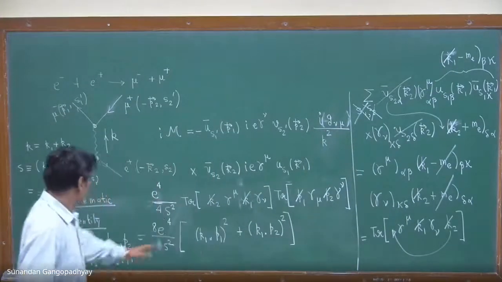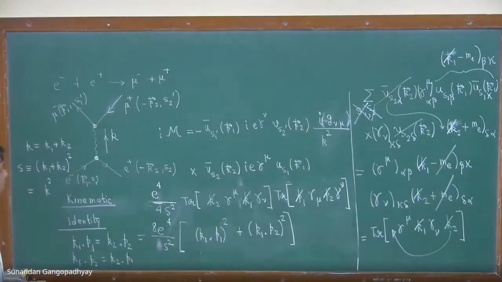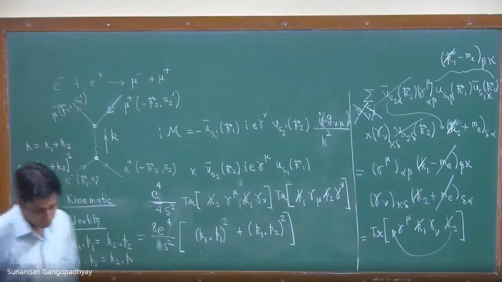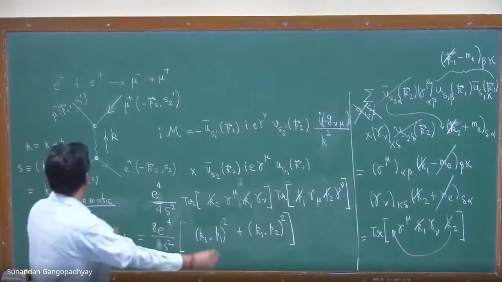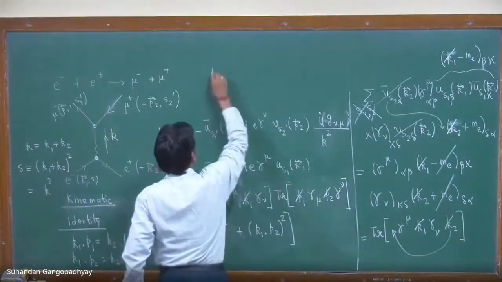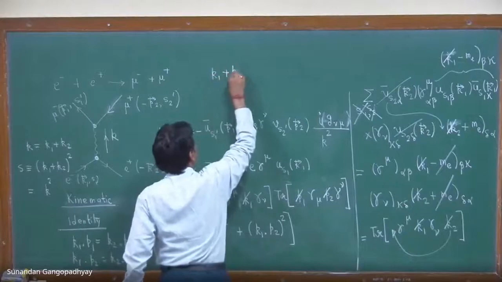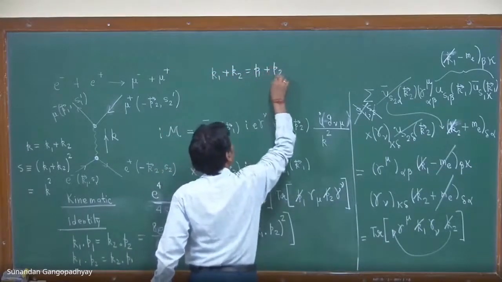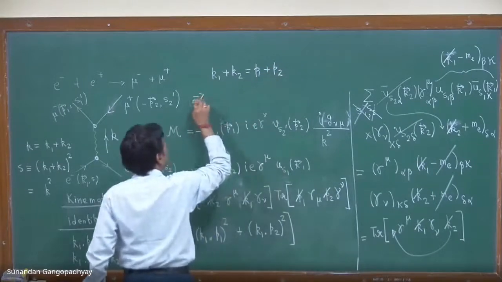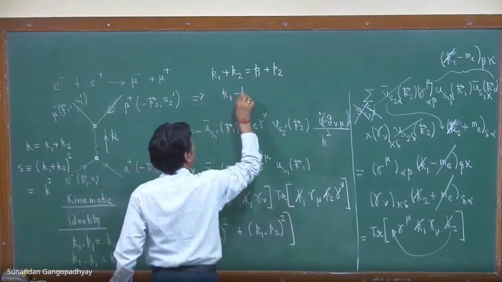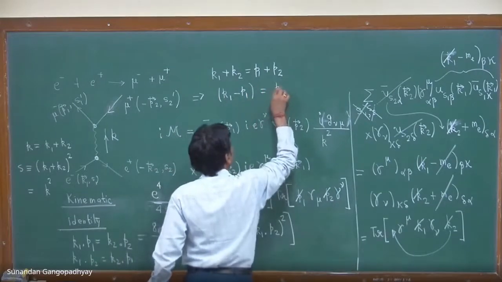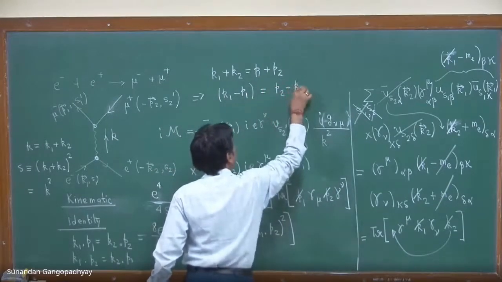So I can show you one of the kinematic identities. It is very simple to prove that K1 dot P1 is K2 dot P2. It is quite simple because from the overall momentum conservation, K1 plus K2 is equal to P1 plus P2, right? This implies that K1 minus P1 is equal to P2 minus K2.